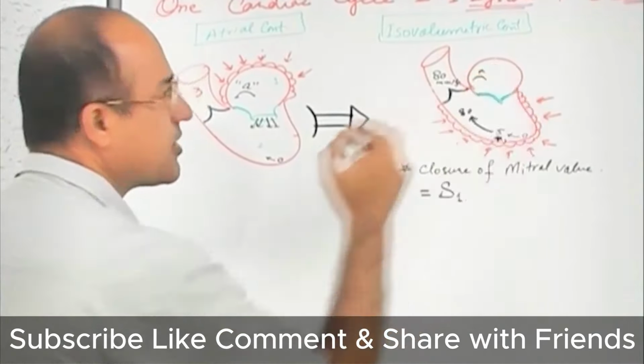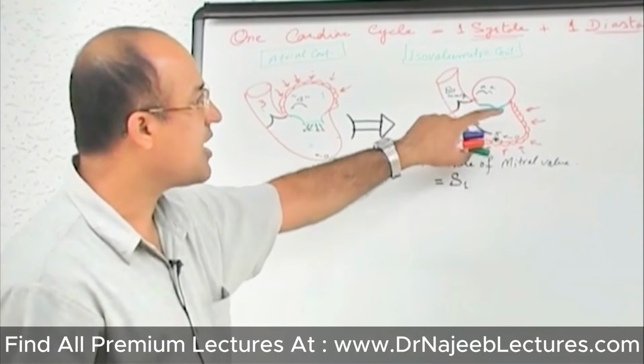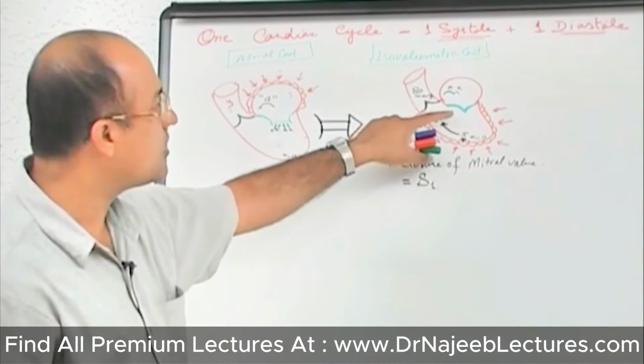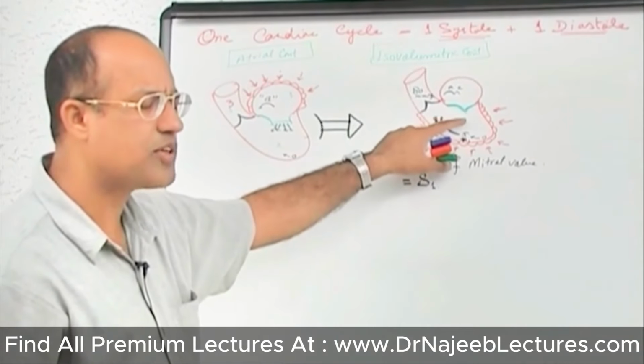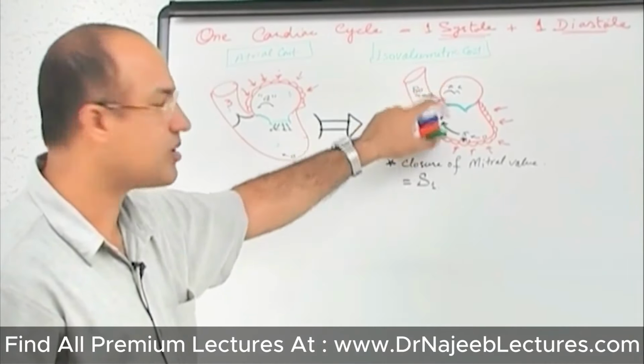So if you have a manometer or pressure measuring device in the left atrium, when the atria contract you will find the A wave. After atrial contraction is finished, the A wave goes down and ventricular contraction starts. With the onset of ventricular contraction, there is a back pressure to the atrium, especially as the mitral valve closes and produces a little bulge in the atrium, and that produces a slight increase in pressure within the atrium. That slight wave is called the C wave.